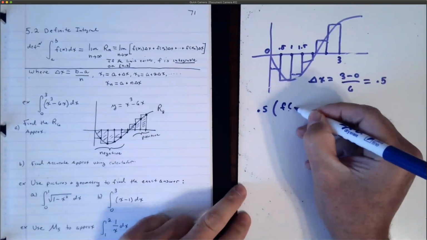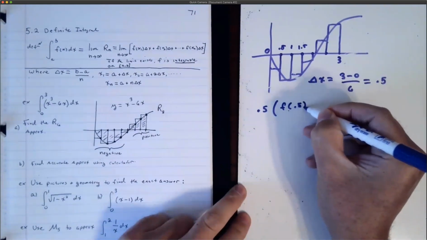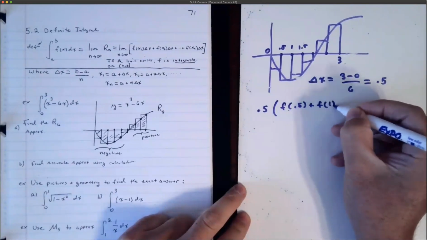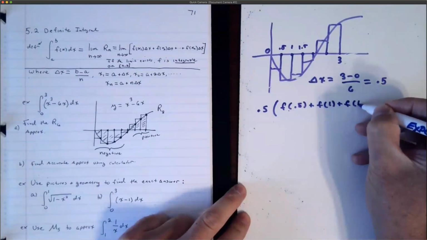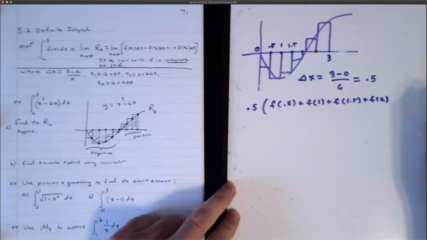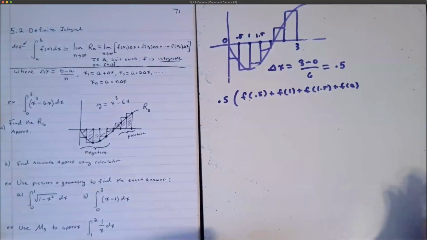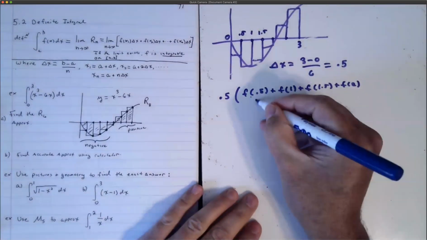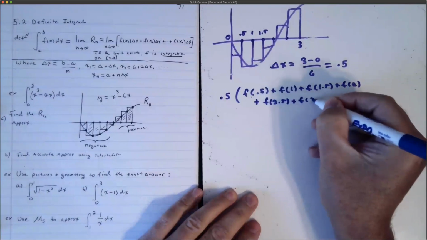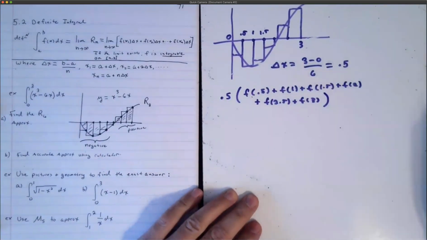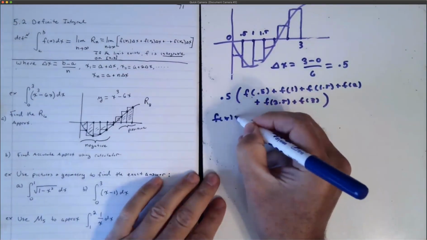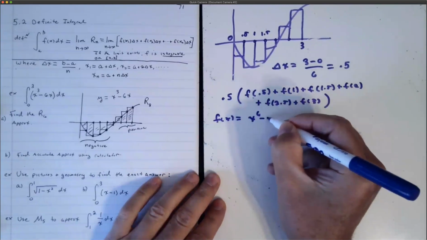So f of 0.5 plus f of 1 plus f of 1.5 plus f of 2 plus f of 2.5 plus f of 3, where f of x is x cubed minus 6x.